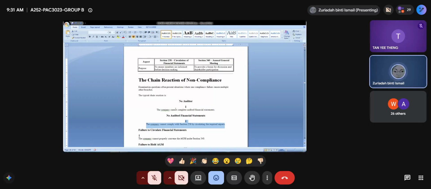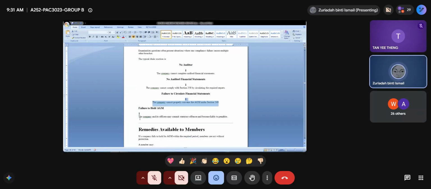Another issue is that when there is no audited financial statement, the company cannot circulate the financial statement. So therefore, if the company cannot circulate the financial statement, the company cannot convene the AGM.